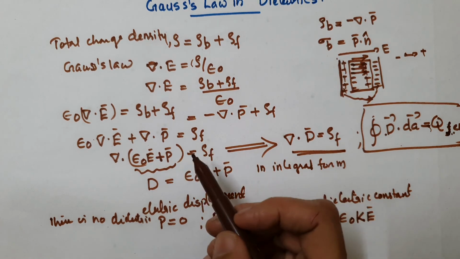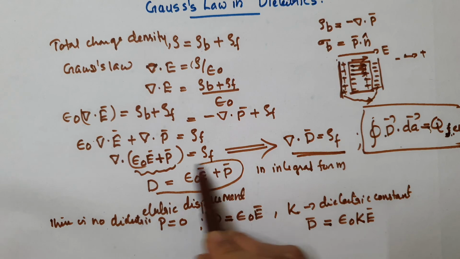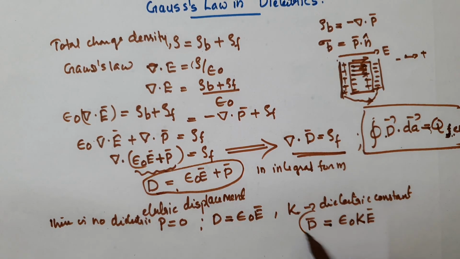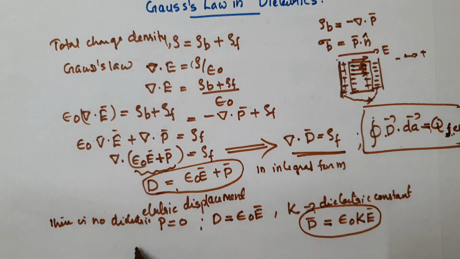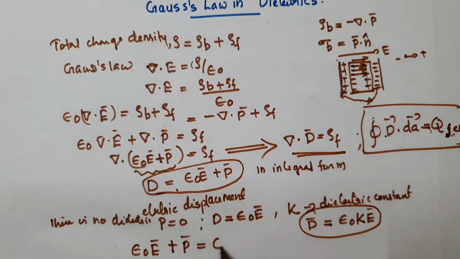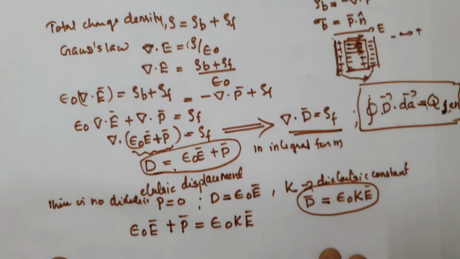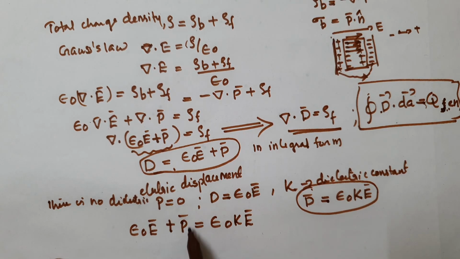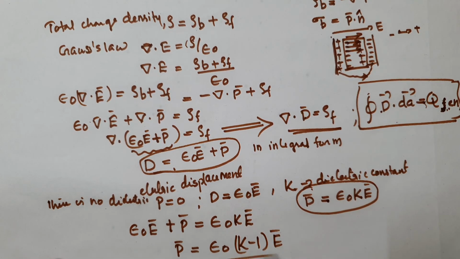Then considering this equation, D is equal to epsilon 0 E plus P, and considering this equation, D is equal to epsilon 0 K E, we can write epsilon 0 E plus P is equal to epsilon 0 K into E. Or in this equation, P can be written as P is equal to epsilon 0 into K minus 1 into E. That is, the polarization vector P can be represented in terms of the dielectric constant and the electric field.